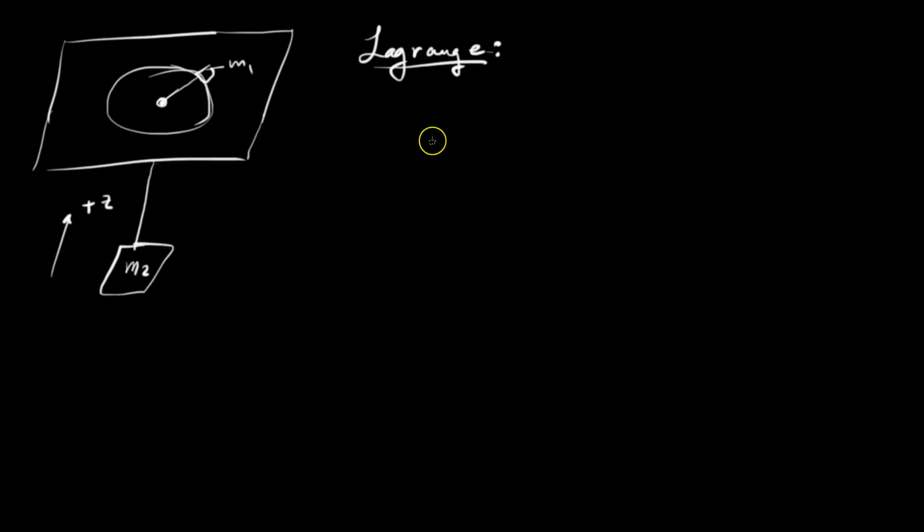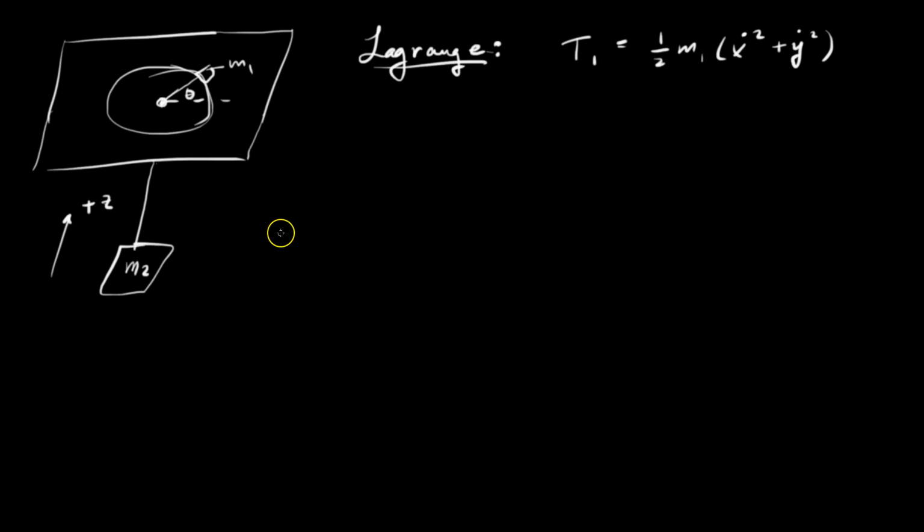Now with Lagrange, this makes this problem so easy, it's basically trivial. Okay, what does Lagrange say? Well, we have to find the kinetic energy of the first term and the kinetic energy of the second term. So the kinetic energy of the first term is just 1/2 m1 times x dot squared plus y dot squared. And we can use some polar coordinates here, right?